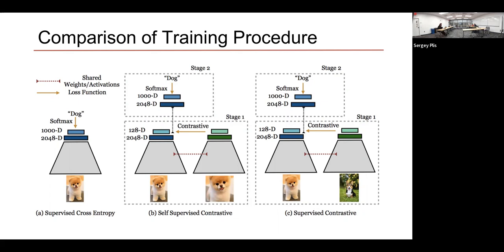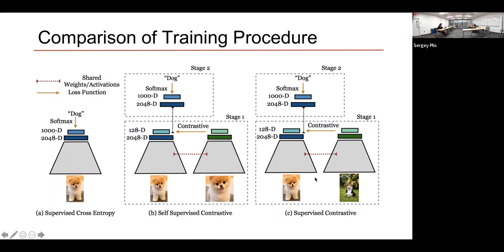So this one is their encoder, this one is the embedding output of the encoder, and this one is the output of the projection module.